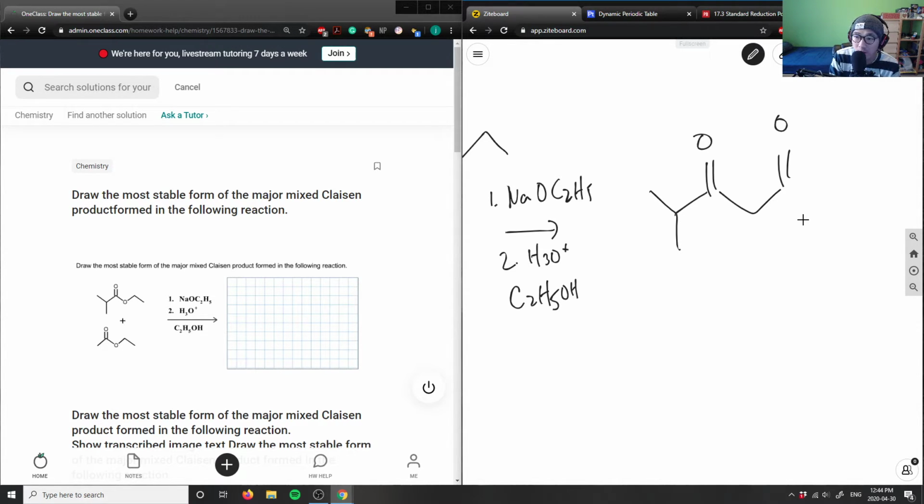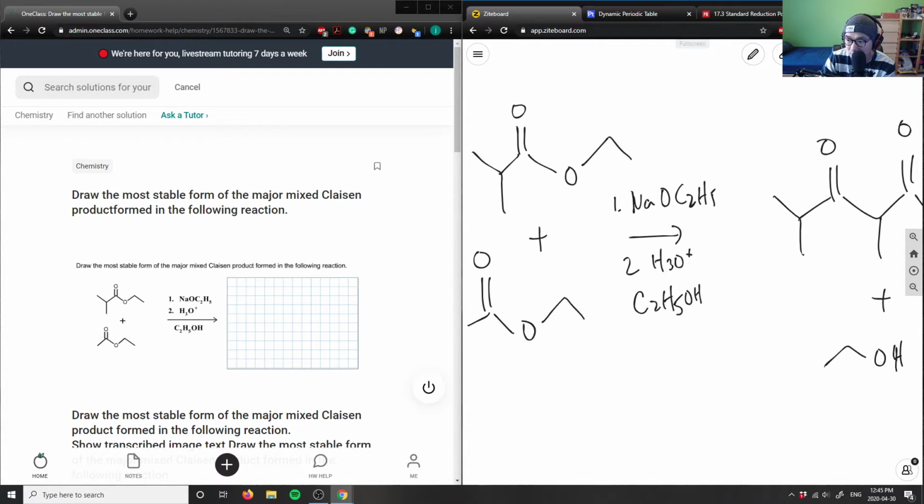So you get one here, and you would get bond O, plus you get ethanol here. So this here would be the most stable form of the mixed Claisen product. You basically form an anhydride by placing 2 esters here.